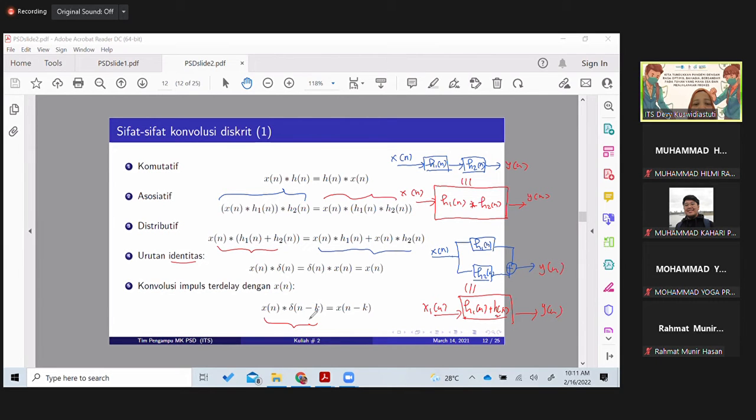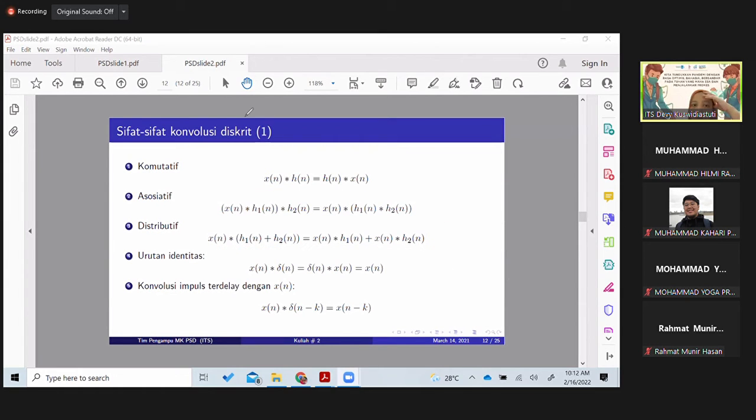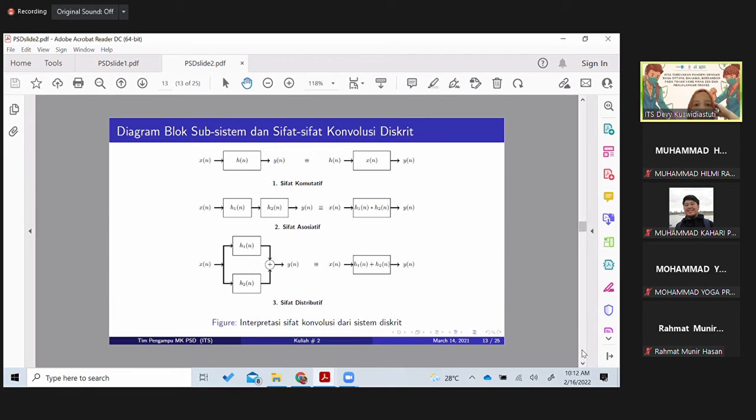Only because it is a shifted unit impulse, the result is also a shifted version of x[n], x[n-k]. Yeah, this is the sketch that I think I've done.